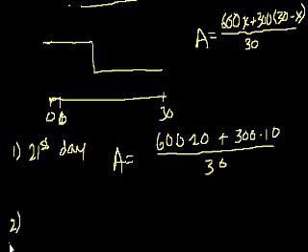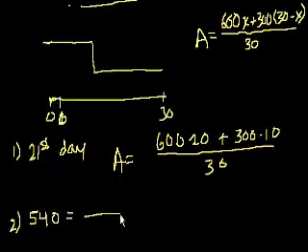Statement 2. The average daily balance through the 25th day of the billing cycle was $540. This is interesting. So 540 is the average through the 25th day. So if we average the first 25 days, her balance was 600 for x days plus 300 for the remainder, only in the first 25 days.